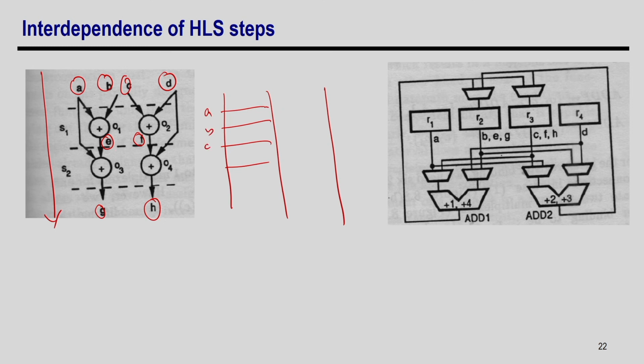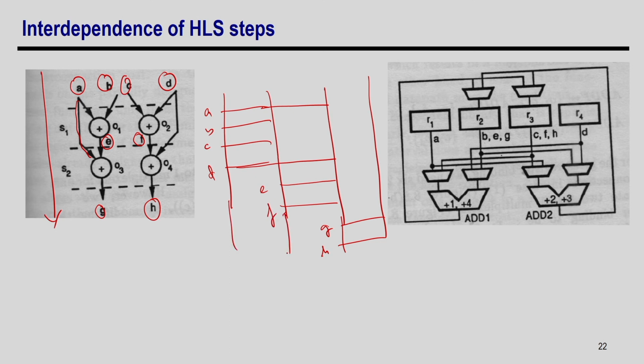A is needed here also, because A is needed here as well, and D is also needed here, right. And then E and F are here, and G and H here. This is G and H, this is E and F, right. So, this is the time requirement, and based on the overlapping I can share the registers.